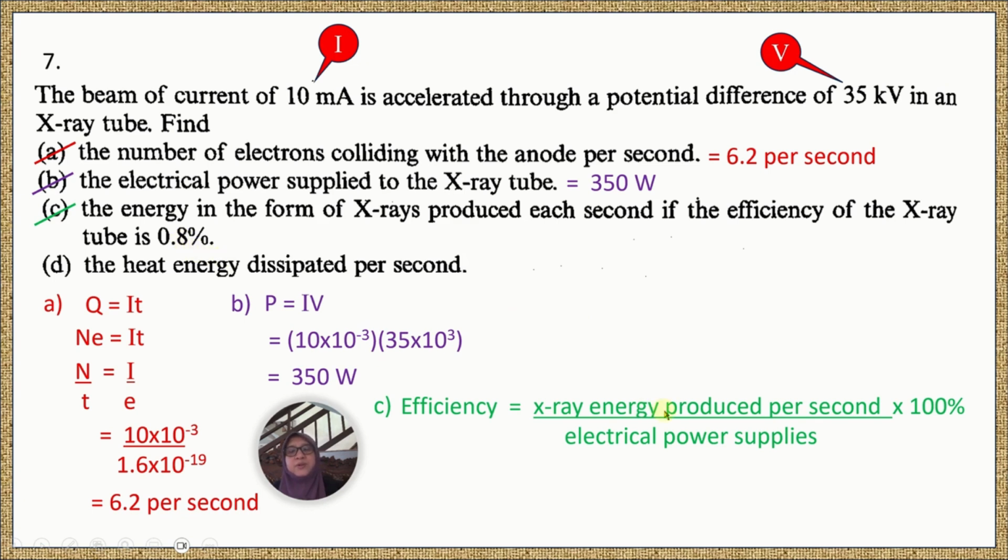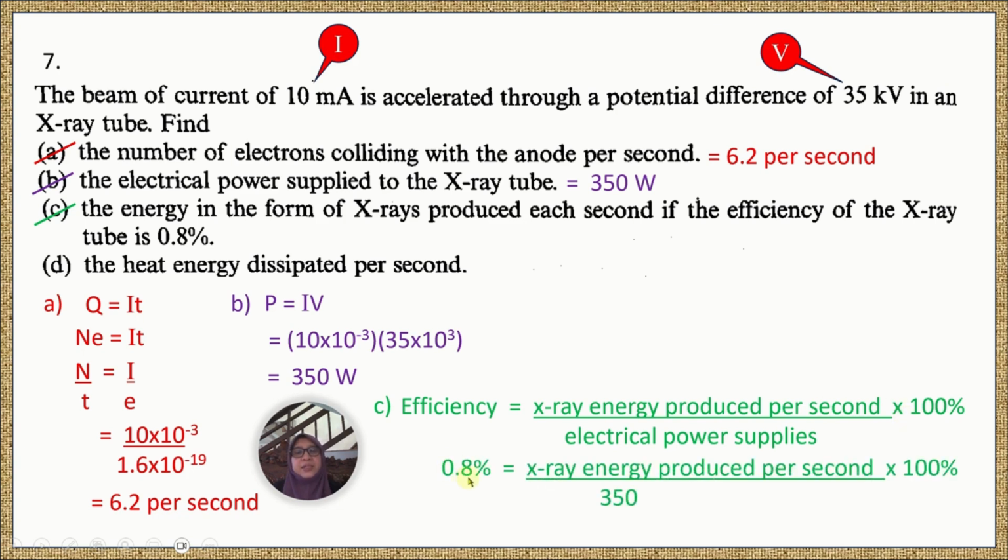So we use formula efficiency equals output power over input power times 100%. So we substitute 0.8%. The electrical power supply is 350. This is the input, the power supply. So we cross multiply, we get X-ray energy produced per second, or the output power equals to 2.8 watt. So that's the answer for C.